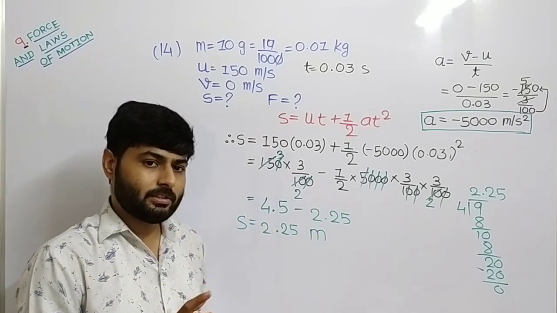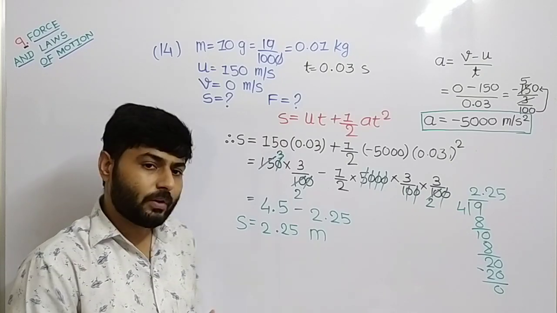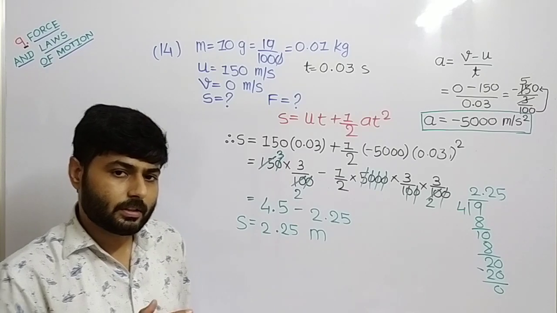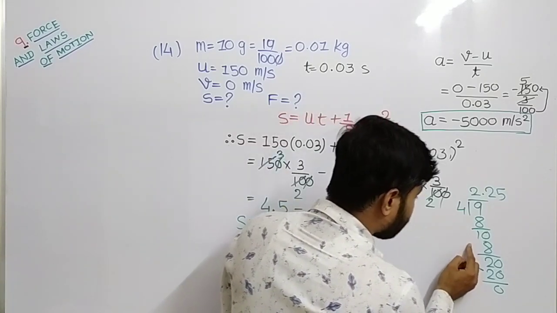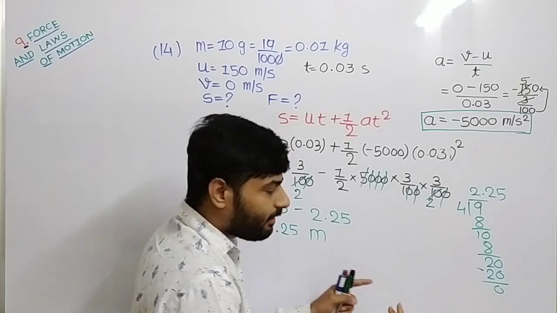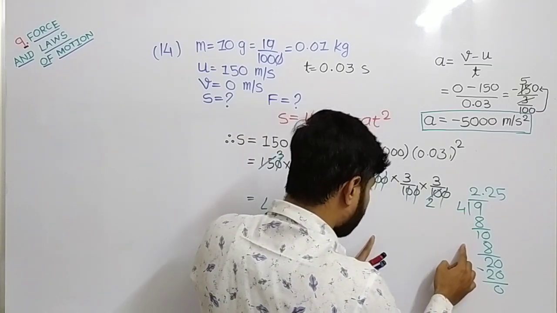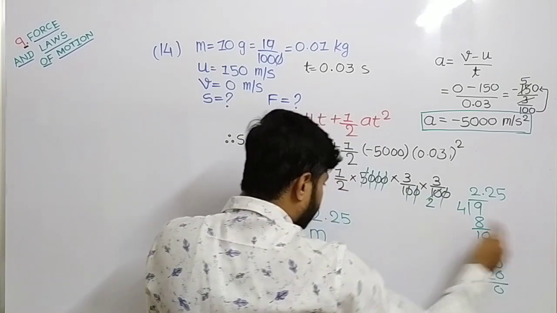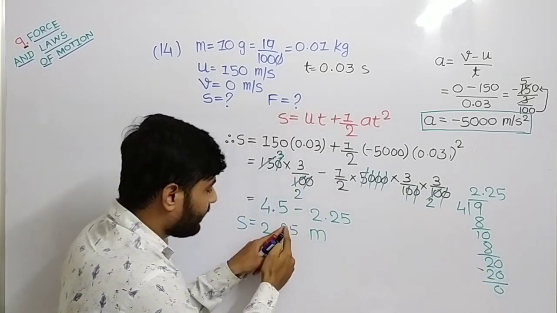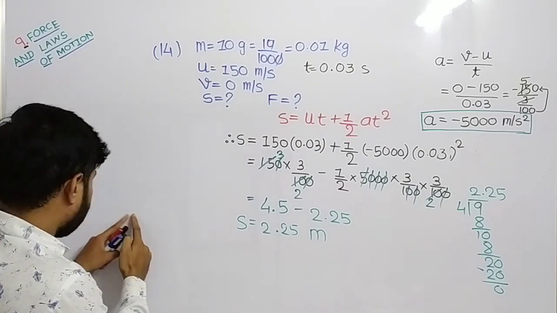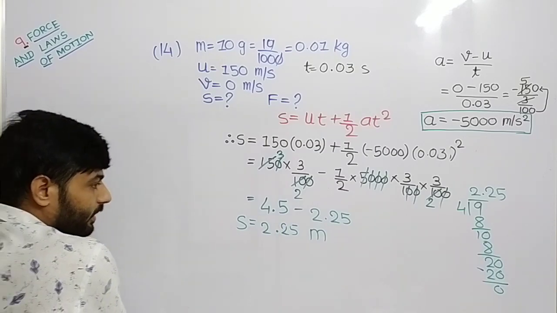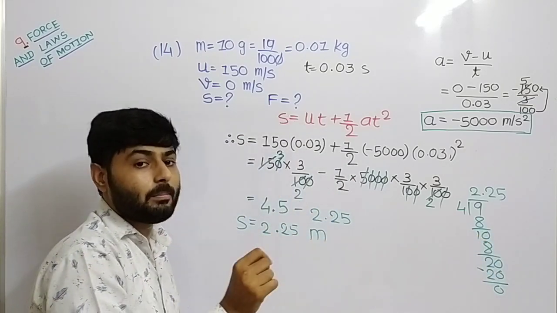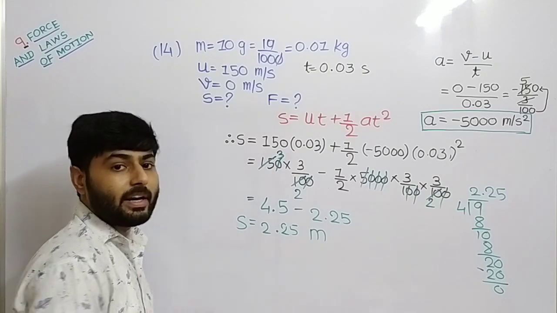Can you imagine this distance? What is 2.25 meter distance? Suppose this is 1 foot, this is 1 foot, and 1 meter is nearly equal to 3 feet, that is 1, 2 and 3 feet. Here is 3 feet, approximately 1 meter. This is 1 meter, this is 2 meter. And approximately this much distance will penetrate into the wooden block by this bullet.